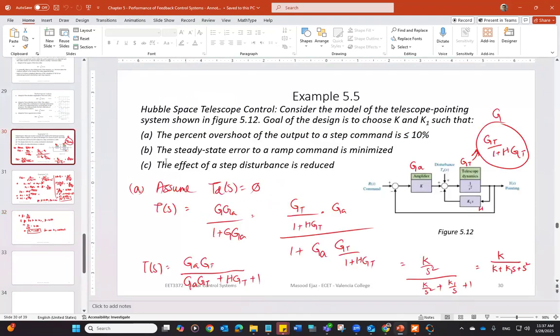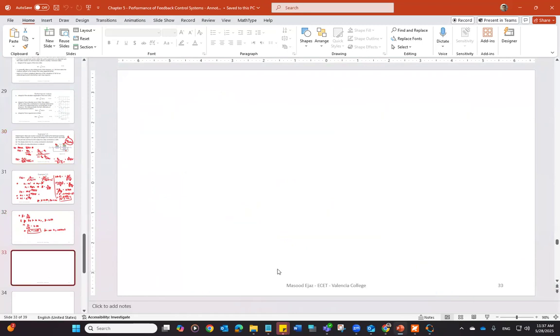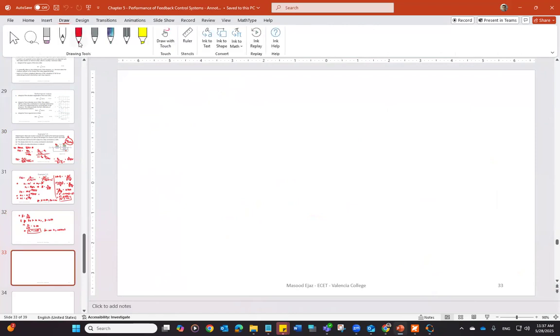Let's look at the second requirement, that the steady state error to a ramp command is minimized. This is B. So the input is a ramp command. Let's say the input is t. That means the Laplace transform of that will be 1 over S squared.